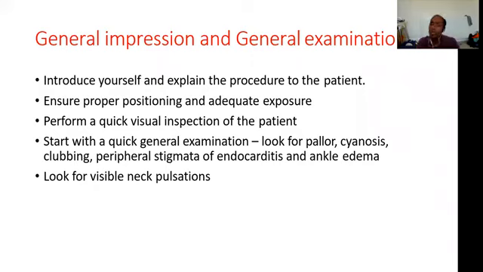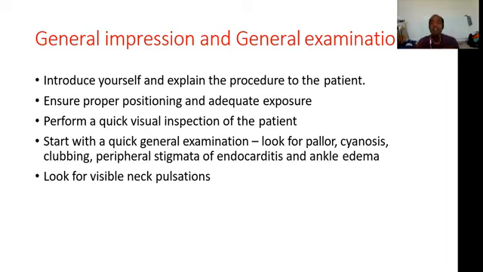The next thing is you need to ensure proper positioning and adequate exposure. For example, cardiovascular system examination should be done with the patient propped up at 45 degrees, as is the respiratory system examination. Adequate exposure is important, especially for the abdominal examination. Then you stand back and perform a quick visual inspection of the patient.